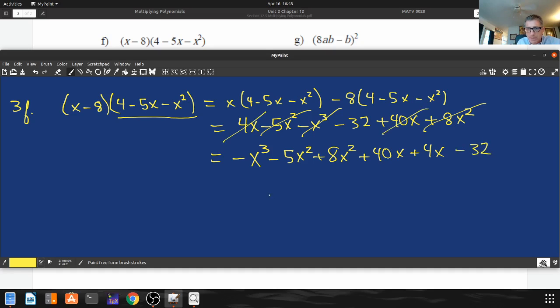Now you can kind of see these are like terms, these are like terms. So the final answer is minus x cubed. Minus 5x squared plus 8x squared is plus 3x squared. 40x plus 4x is plus 44x. And I have minus 32.